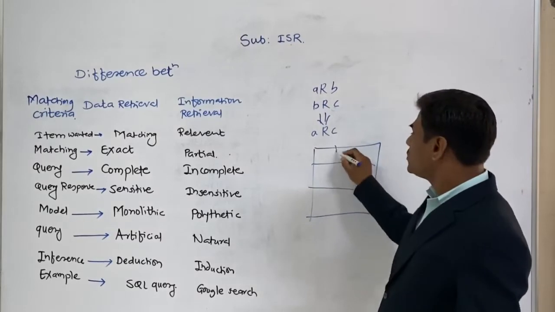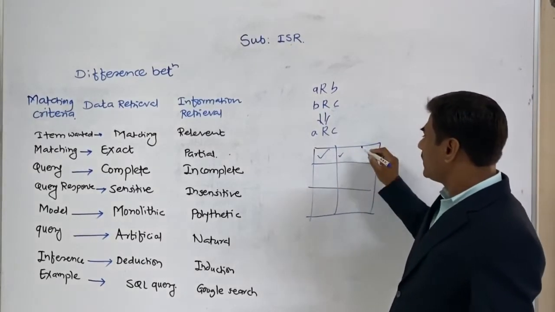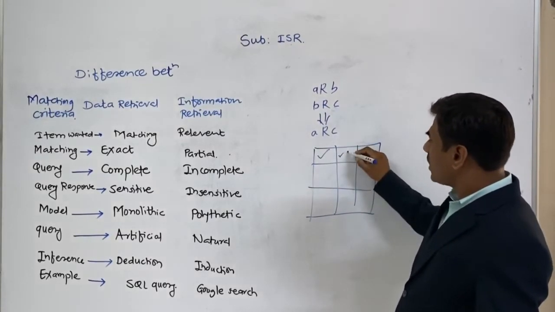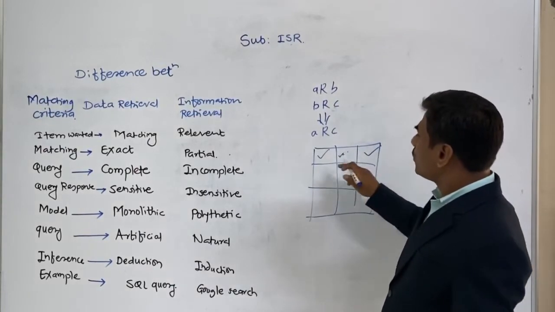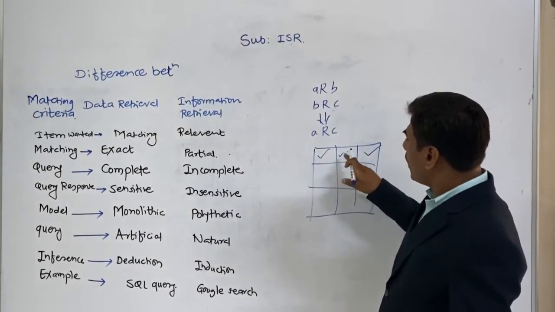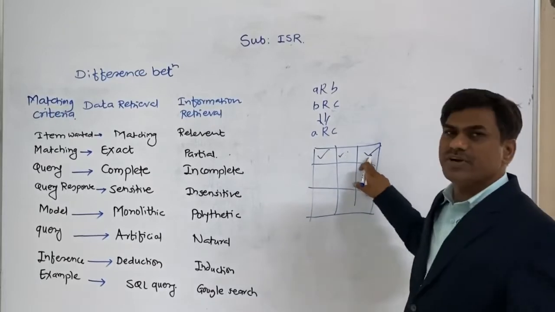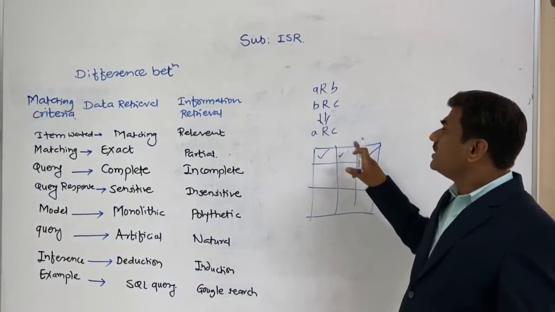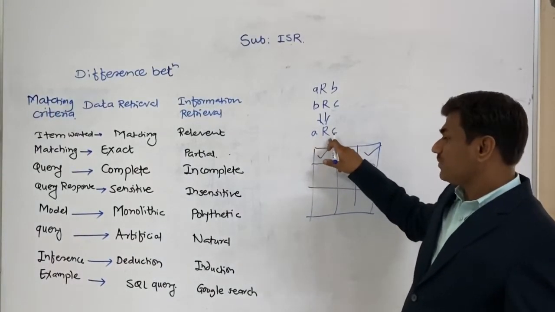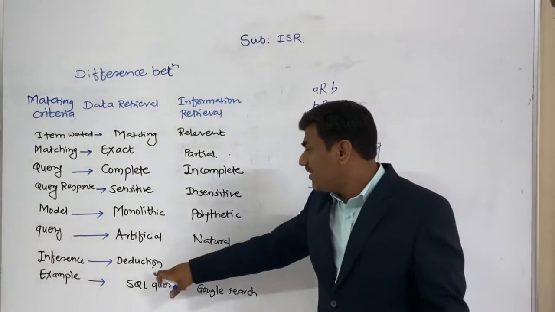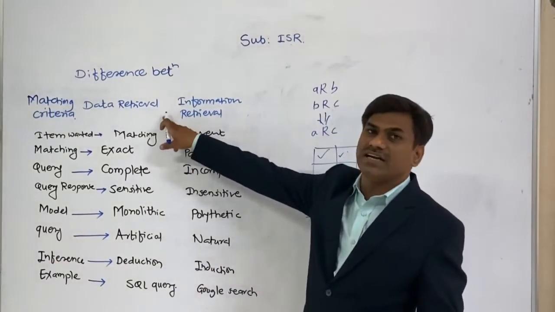Suppose this column is having relation with this one. So column A having relation with B, column B having relation with C, definitely column A is having relation with C. This kind of nature is nothing but the inference deduction under data retrieval.